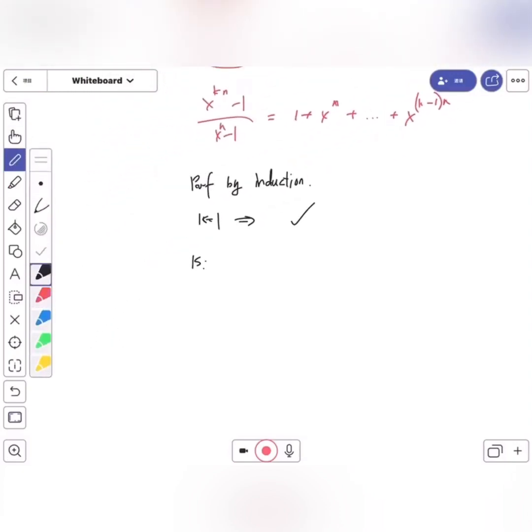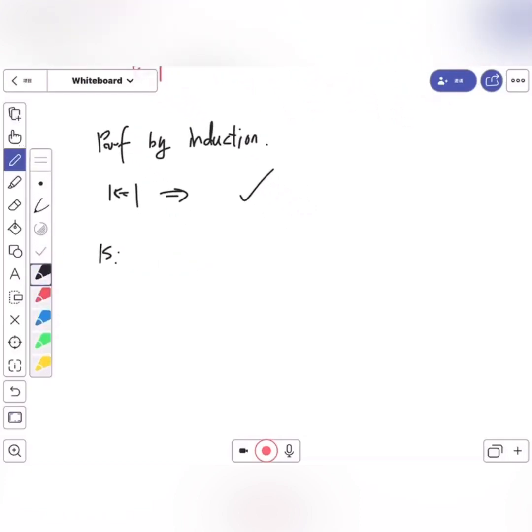So therefore, I'm just going to rewrite it right here again. Then plus x to the (k plus 1)a minus x to the ka over x to the a minus 1.